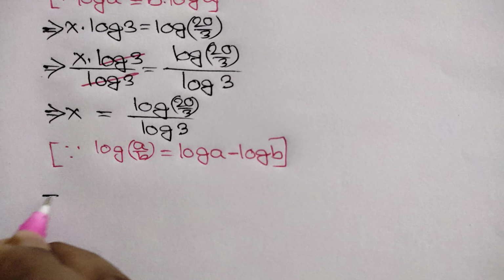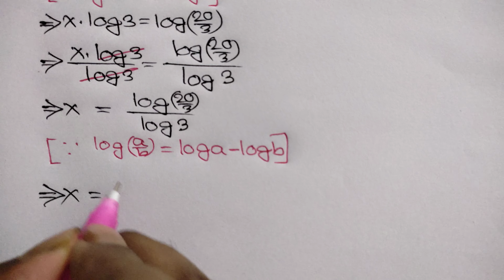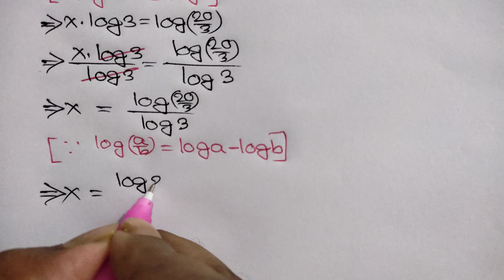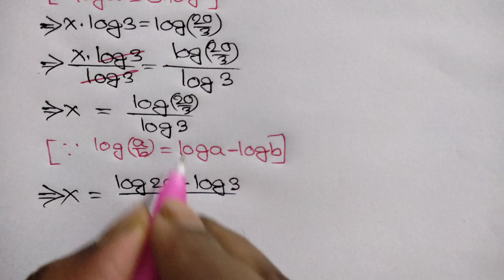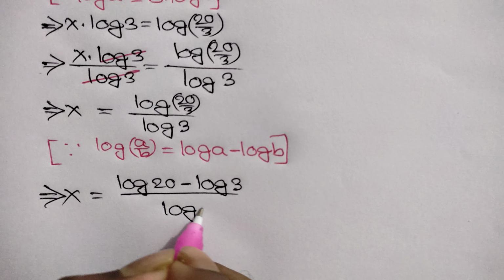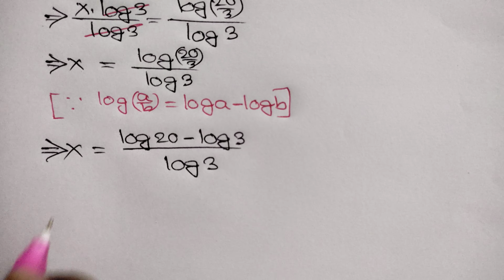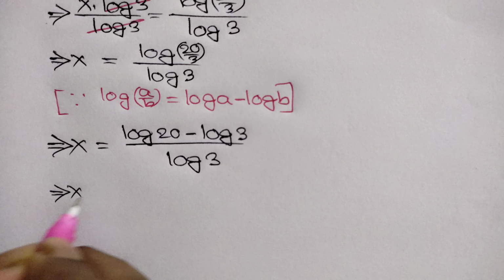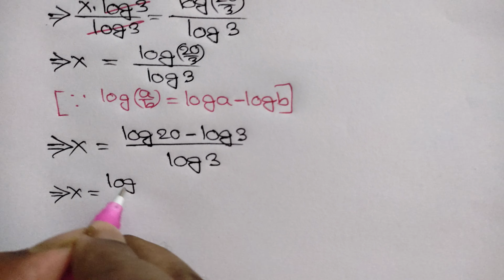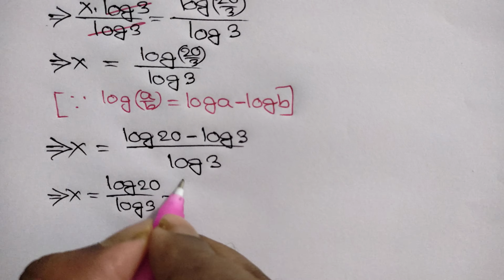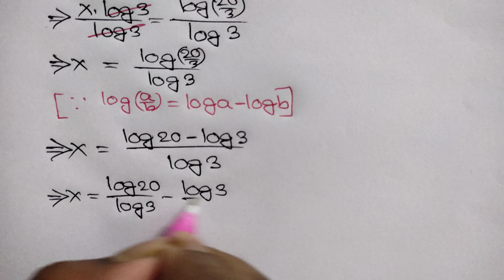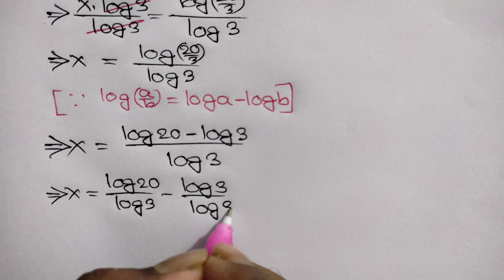Here we can write x is equal to log of 20 minus log of 3, all over log of 3. Or x is equal to log of 20 over log of 3 minus log of 3 over log of 3.